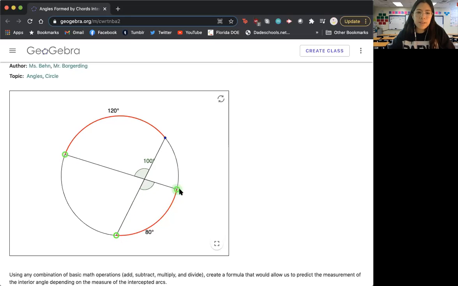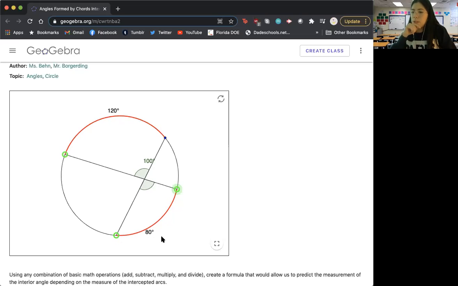However, there's one relationship that remains constant. And I think Perla noticed it. I want to see if anyone else notices it. So I'm going to leave it right the way it is right now. Look at those three numbers that we have and see if you can figure out the relationship between the central angle and these two arcs.